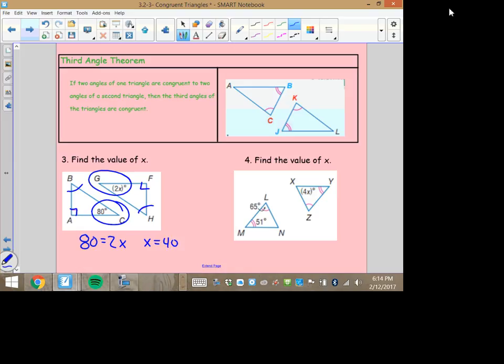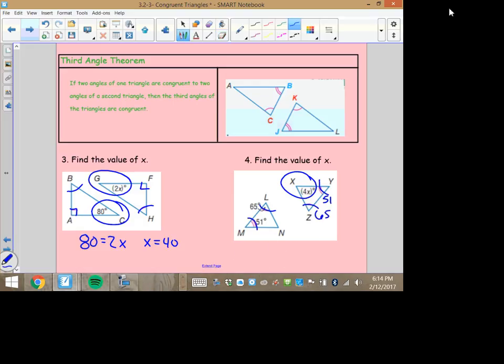Over here, very similar again, we're looking for x, and we know that angle M is congruent to angle Y, so that would make this 51 degrees. And that angle L is congruent to angle Z, which is then 65 degrees. And we know that all three of these have to add up to 180. So we can get 180 minus 51 minus 65 has to be our angle X. Hang on a second.